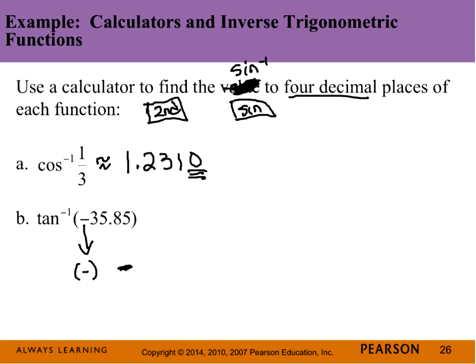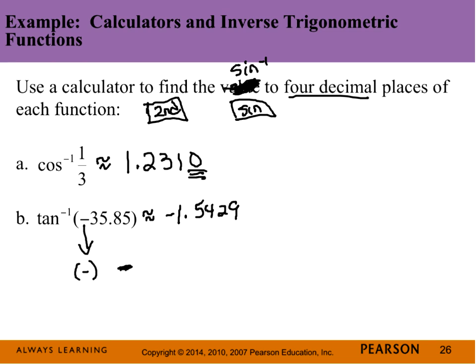And then the tangent inverse of negative 35.8, the only thing I'll point out here is that you've got to use the negative sign, not the subtraction sign on your calculator. The negative sign is located at the bottom right-hand corner of your calculator. The minus sign or the subtraction sign is listed up the right-hand side with the other basic operations: addition, subtraction, multiplication, and division.